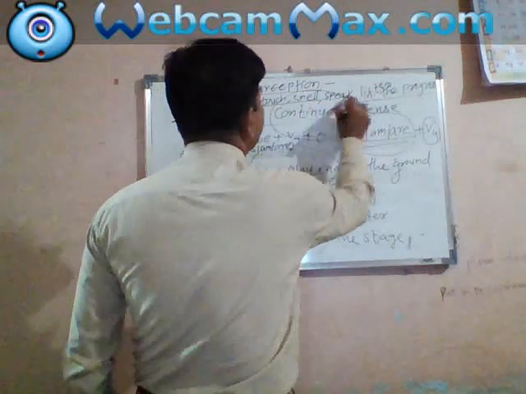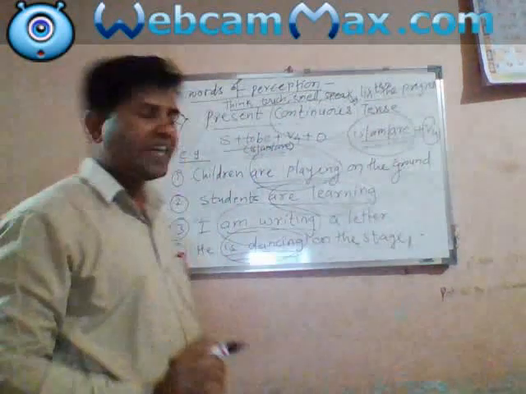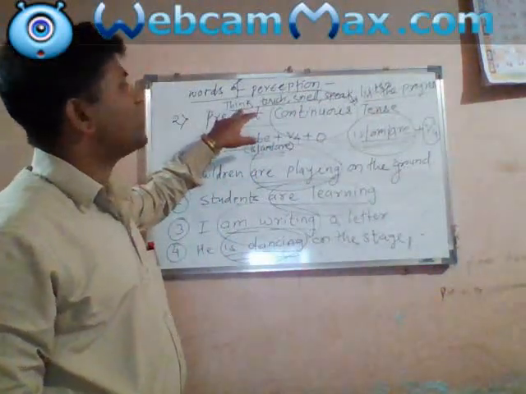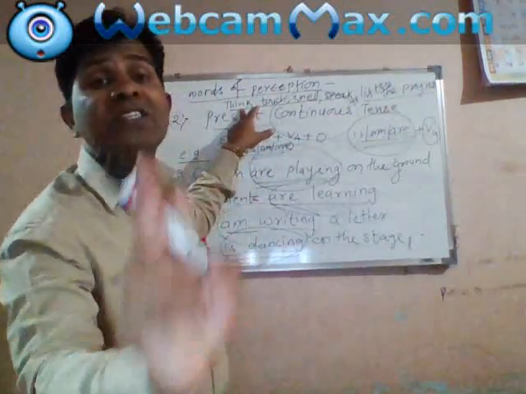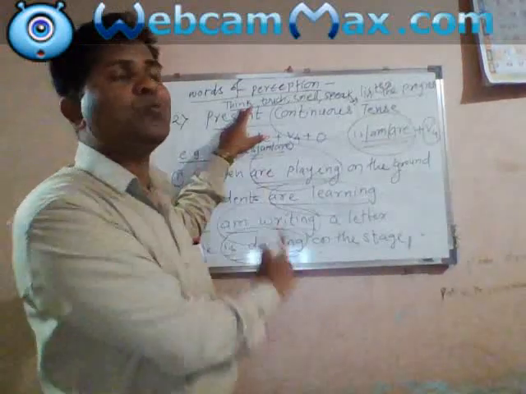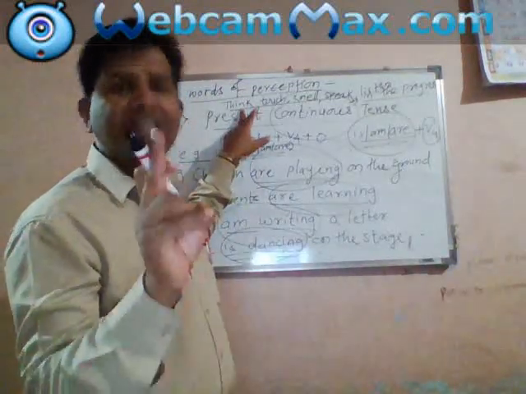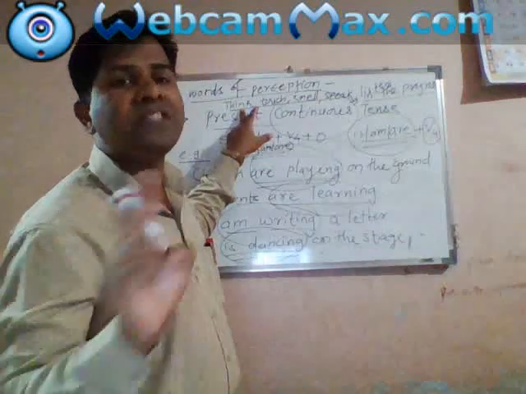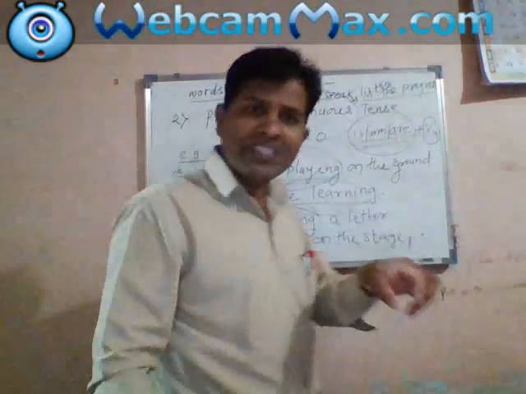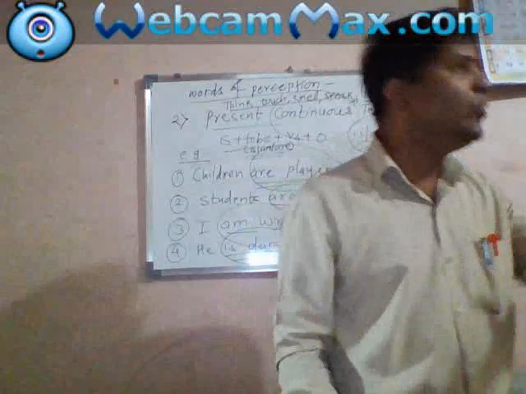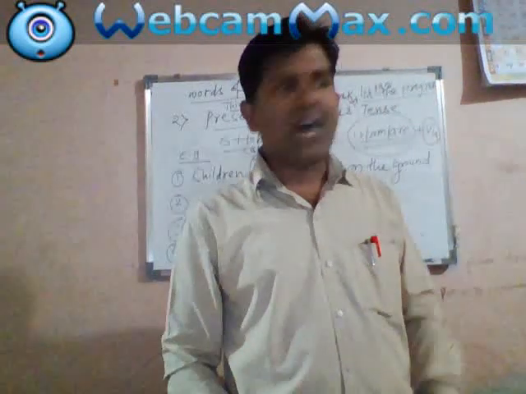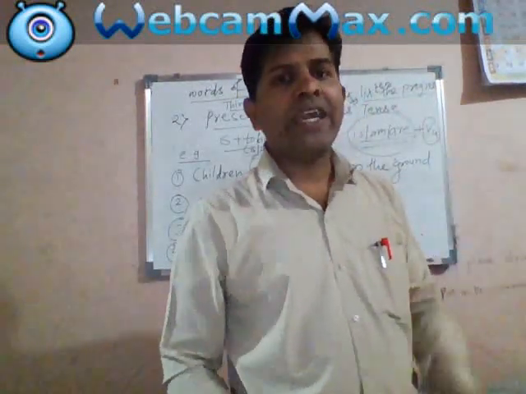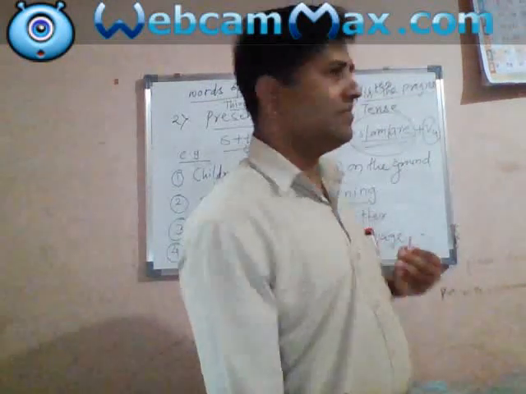So it is said that all these words of perception we should never use in present continuous tense. All these words must be used in simple present tense. When someone questions you, sometimes you say, I am smelling a flower, I am thinking, I am touching, I am speaking.